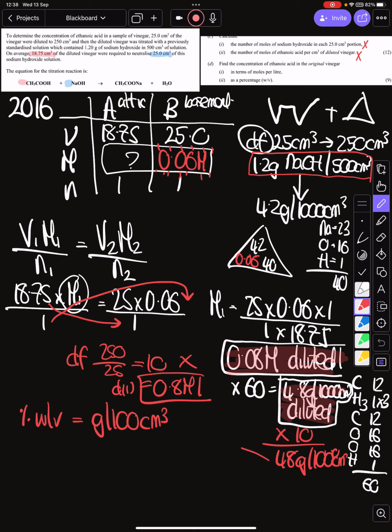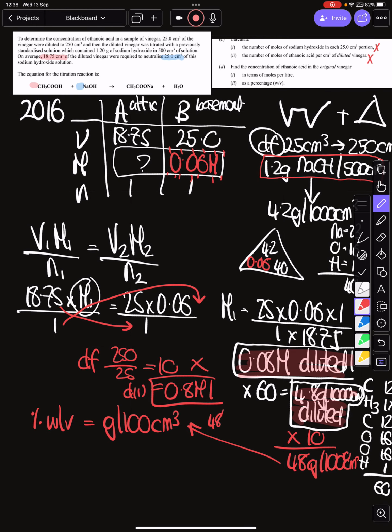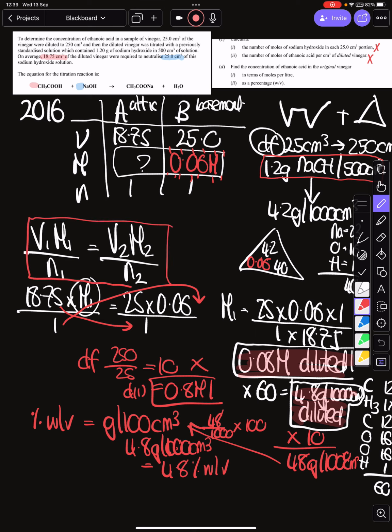Apologies, and if I want to now transfer this, I would just go 48 divided by 1,000 multiplied by 100, and that will give me 4.8 grams per 100 centimetres cubed, which is the exact same as saying 4.8% weight per volume. So for this particular question, my very short method of using this old school V1M1 over N1 is equal to V2M2 over N2, I was able to work out these pieces.